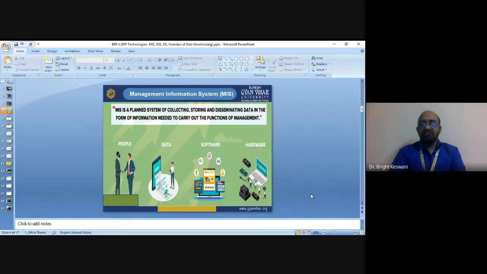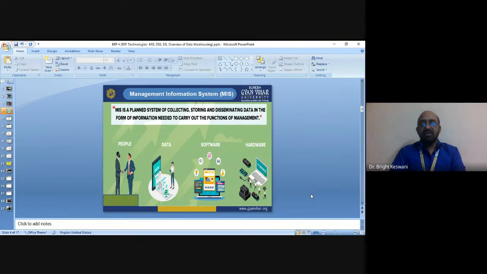The MIS is defined as an integrated system of man and machine, as you can see in the illustration available in this PPT, for providing information to support the operations, management, and decision making function in the organization.